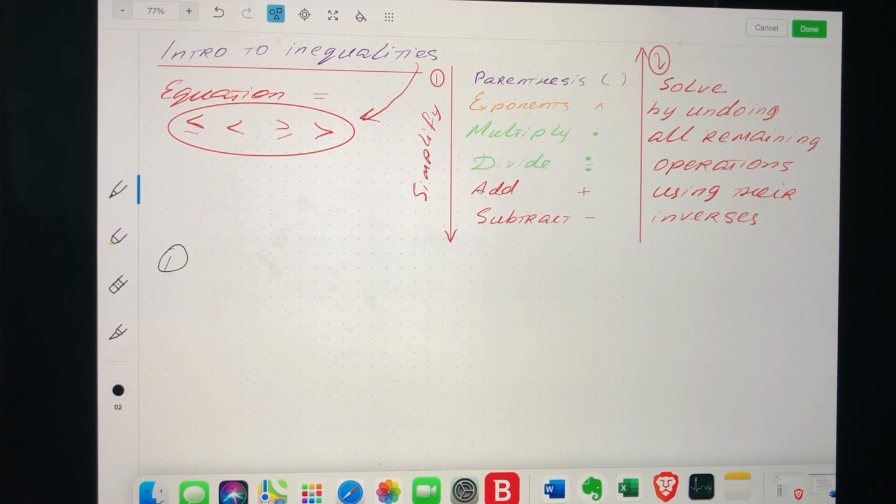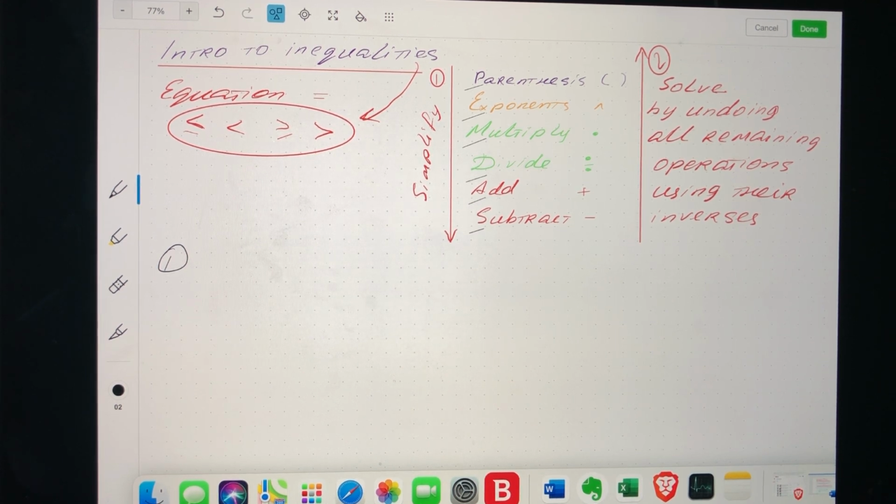The process is summarized by the order of operations, which is PEMDAS, P-E-M-D-A-S, and just like when you solve an equation, we follow exactly the same steps. We start at the top and we work our way down and simplify everything that can be simplified. Once we get to the end, we have our inequality in the simplest form. So at that point we begin to solve.